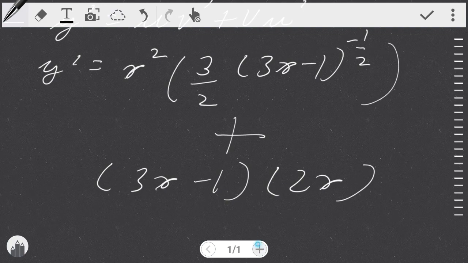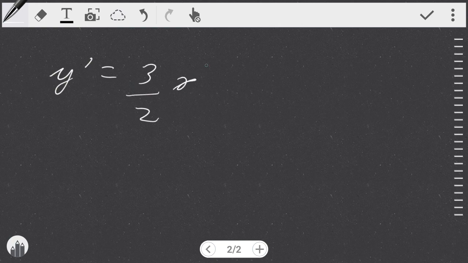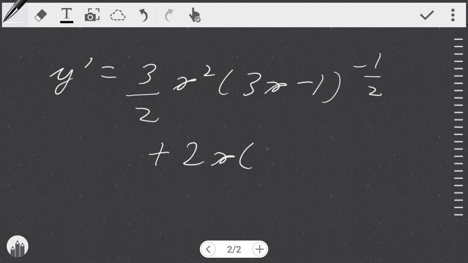Once you get to this, you should be able to come up with 3 over 2 x squared times 3x minus 1 to the power of negative half, plus 2x times 3x minus 1 to the power of half.